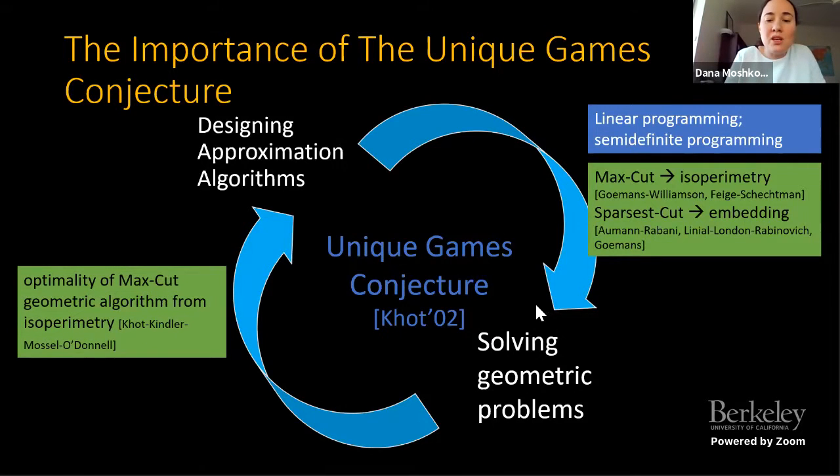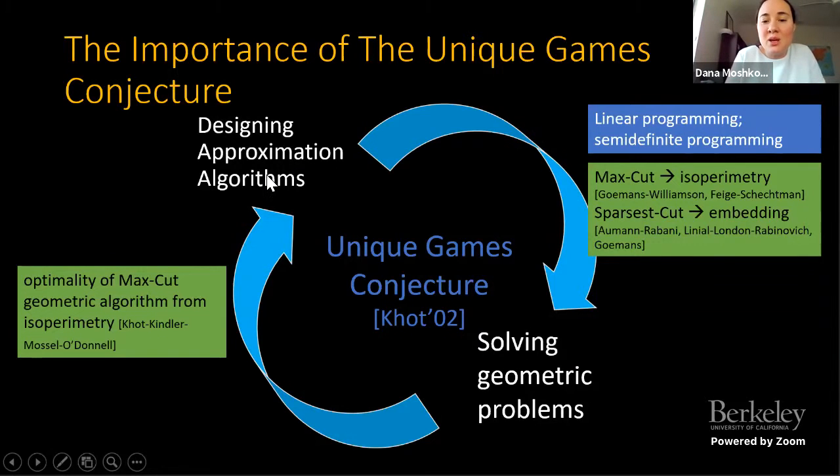So for example, doing better than this algorithm for maxcut, assuming the unique games conjecture, is actually NP hard, and this follows from geometry. So there is a very tight, very surprising connection between combinatorial optimization and geometry.